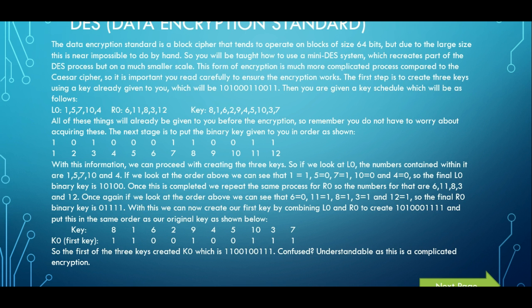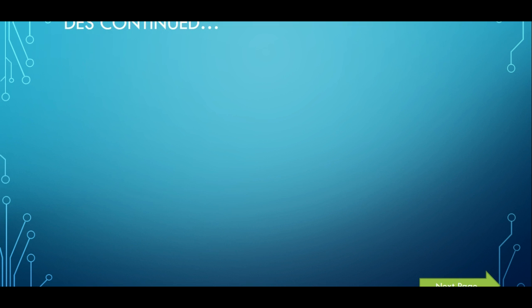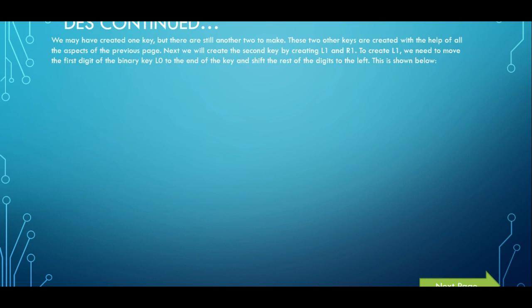We also got to make K1 and K2, so to create it, we need to create L1 and R1. To create L1, we need to move the first digit of the binary key of L0 to the end of the key and shift the rest of the digits to the left. So to show what will happen here, 10100 will eventually become L1, which is 01001.